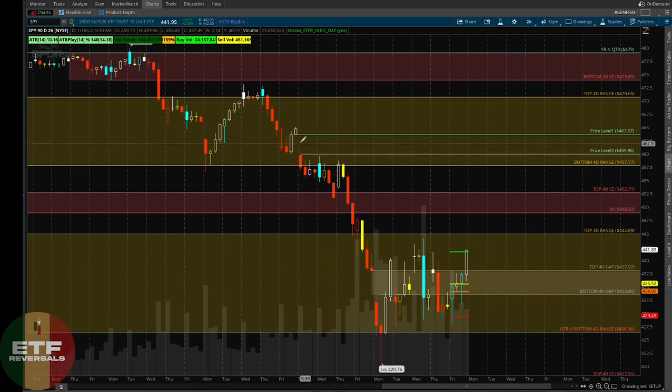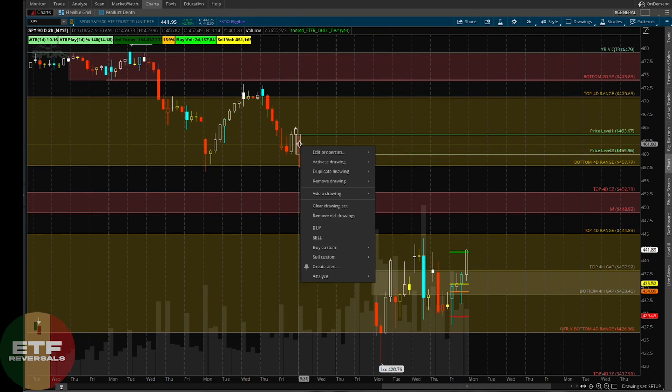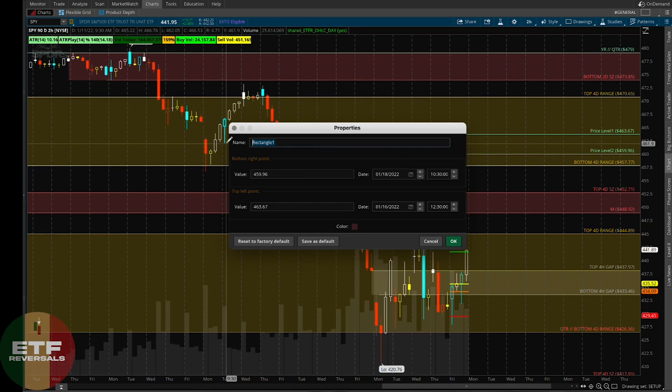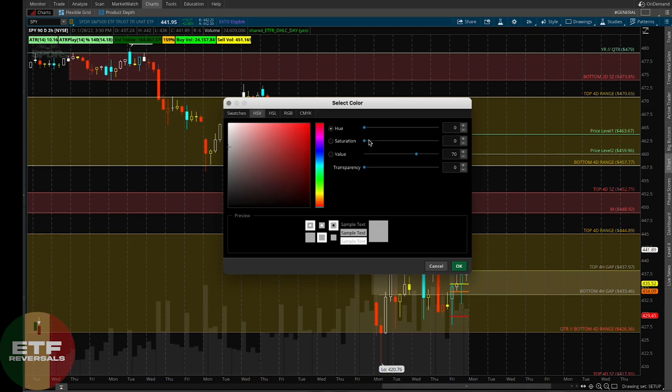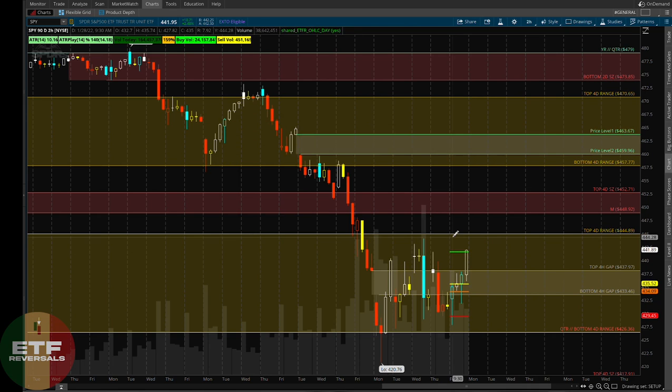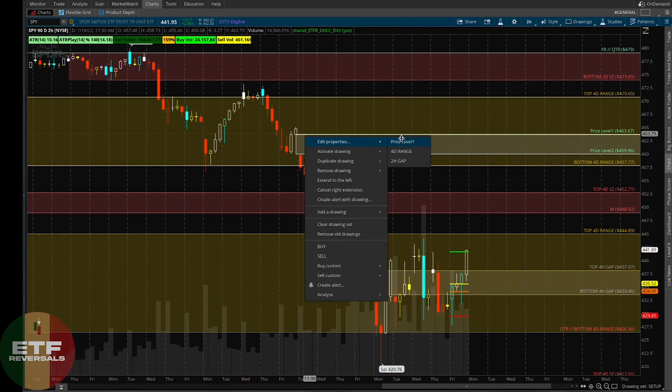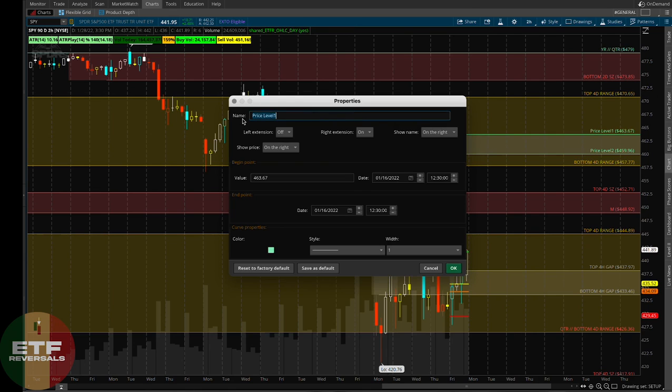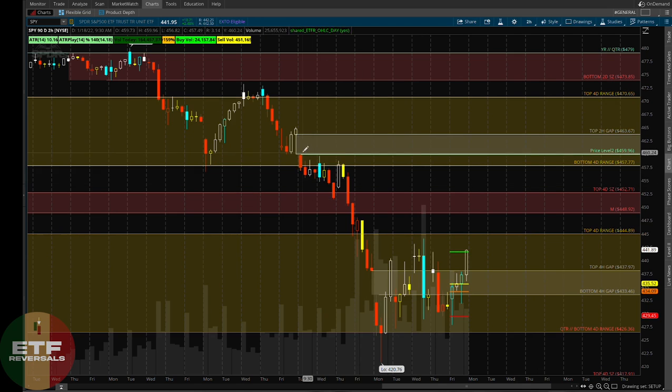So let's get our rectangle drawn. And then like I was saying before, we like the price levels because we want to know the top of the gap, the number, so we can be aware of that number, and then the bottom as well.